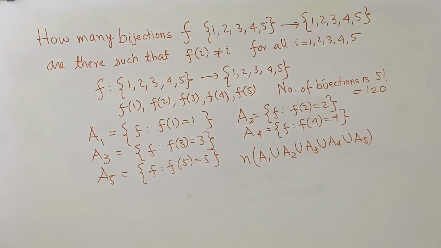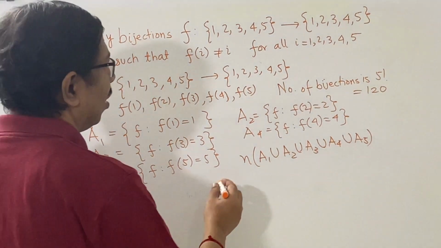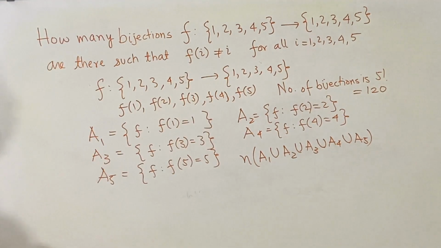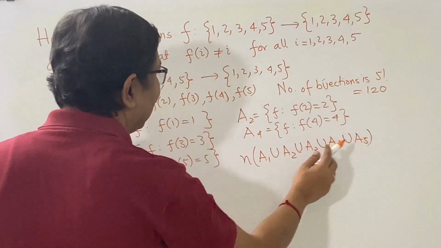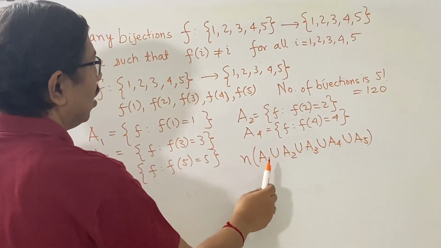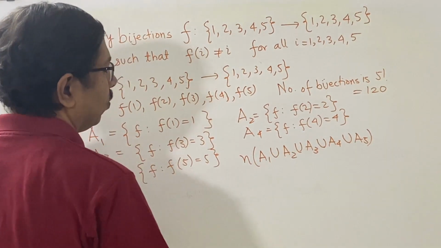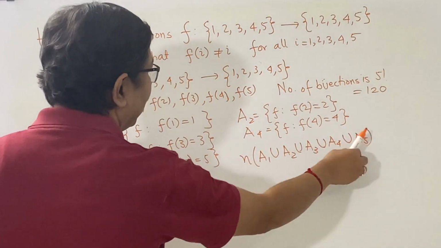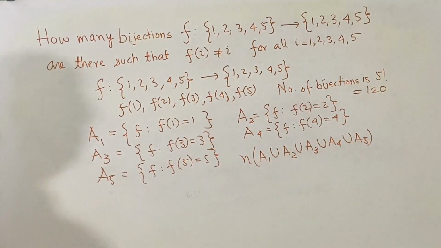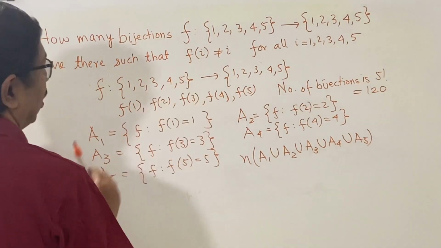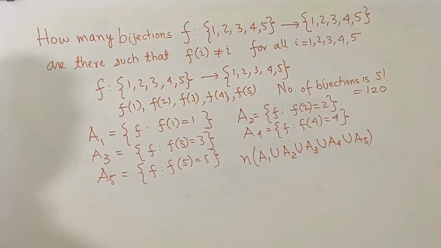The resulting number is going to be the number of maps which satisfy f(i) not equal to i. Any map in this set has at least one of its elements mapped to the same number, so all the elements in A1 union A2 union A3 union A4 union A5 will not have this property. That's the key observation that we have.